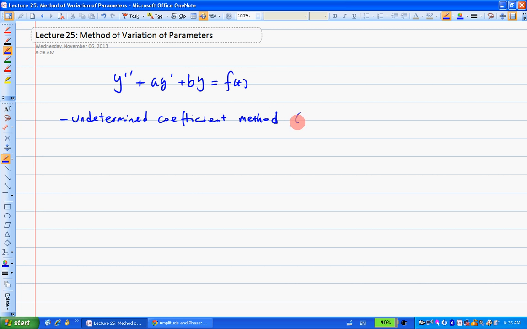So you have constant coefficients. The question here is, if the coefficient is not constant, this method will not apply.